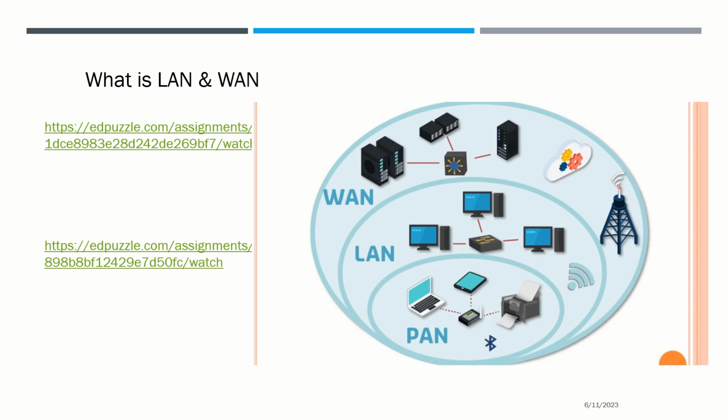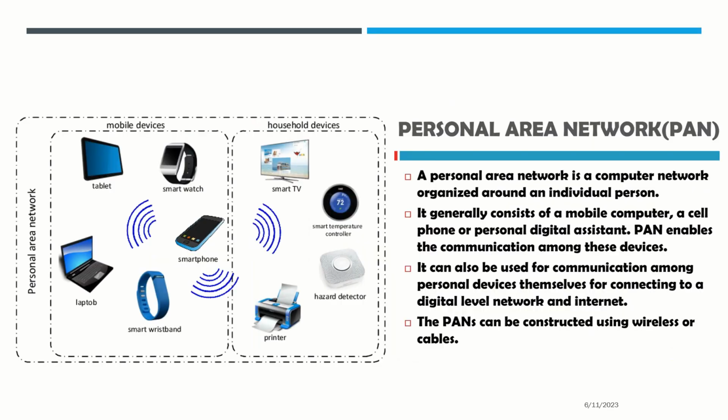Then, what are the differences between LAN and WAN? That can be asked. So we discussed WAN, LAN, and PAN. Personal area network is for the individual person, like all the devices that can be connected with your smartphone or your personal devices. It can be both wired or wireless.